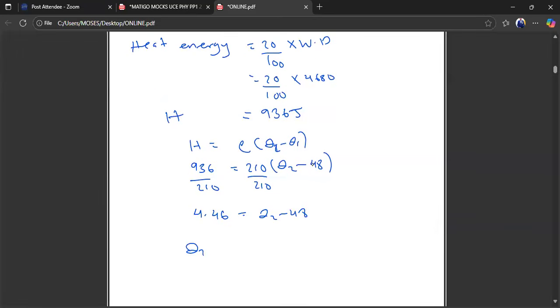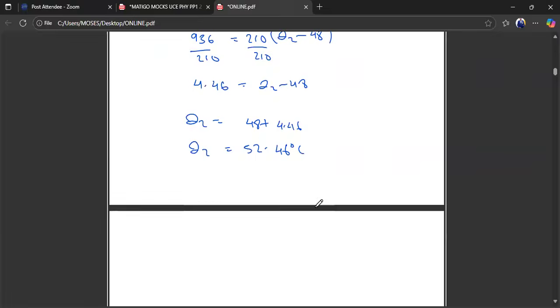So theta 2 is going to equal 48 plus 4.46, and my theta 2, the final temperature, is going to be 52.46 degrees Celsius.